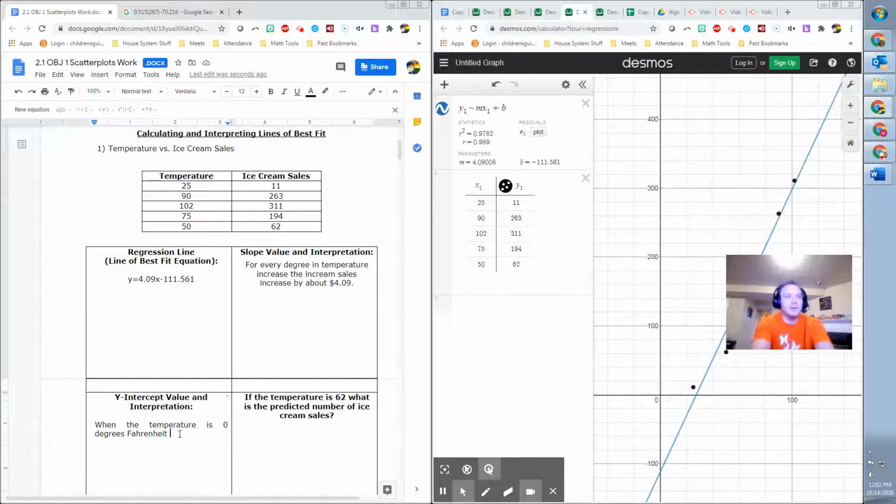All right, Fahrenheit. When the temperature is 0 degrees Fahrenheit, the sales would be about negative 111.50, so negative dollars.